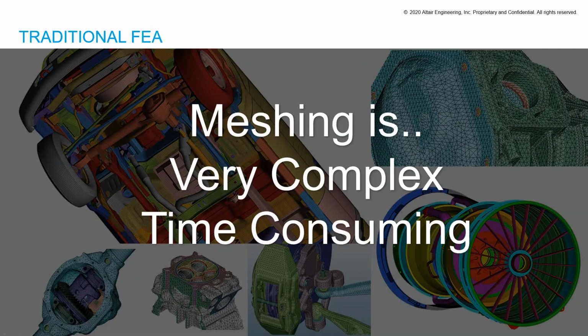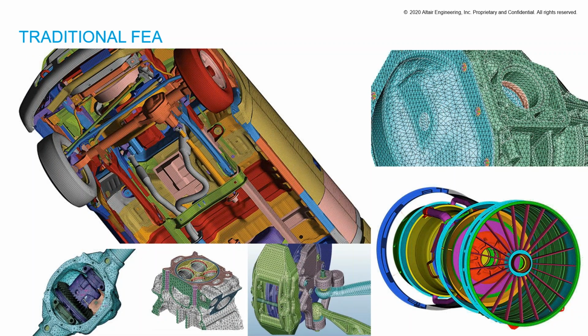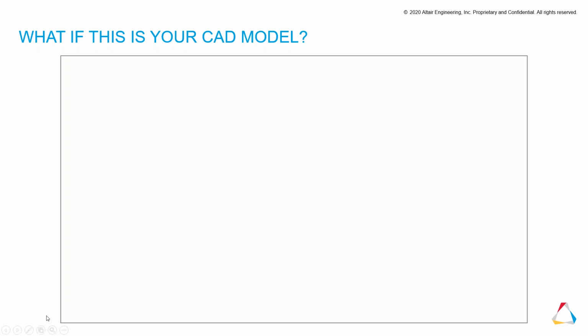Okay, so yep. Meshing is very complex, it's very time consuming. If you have a model such as this, very large assembly models, it's probably going to take a long time to prepare your mesh, right? And what if your model is as big as something like this?